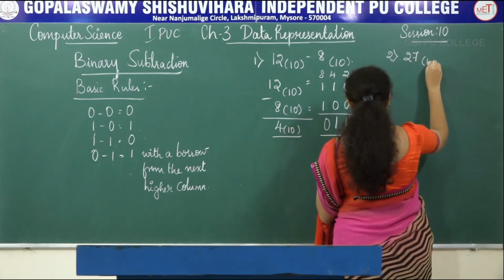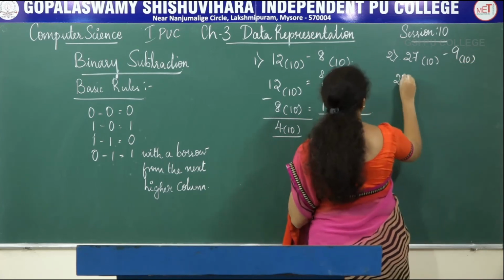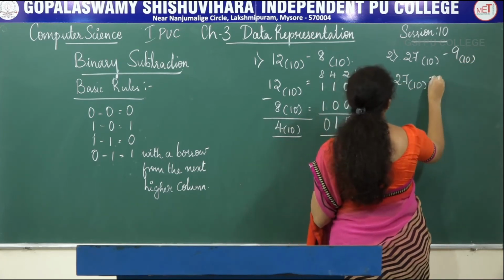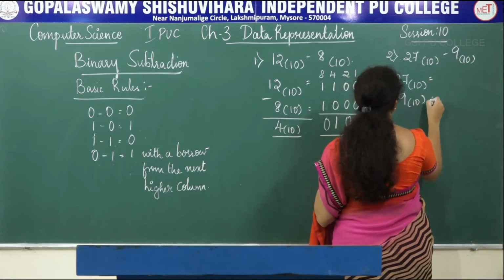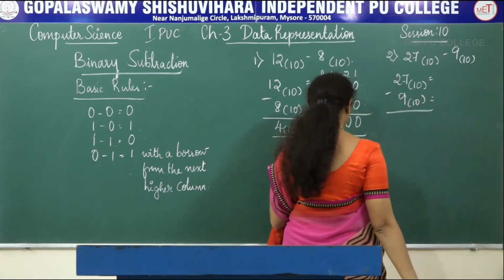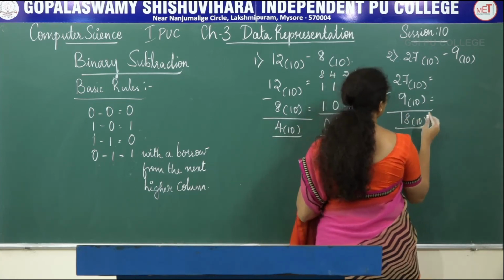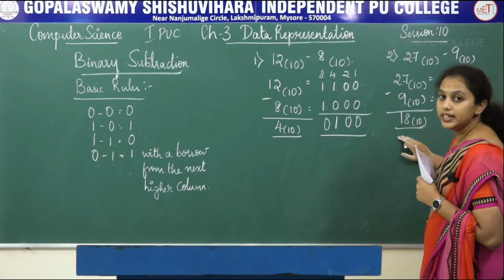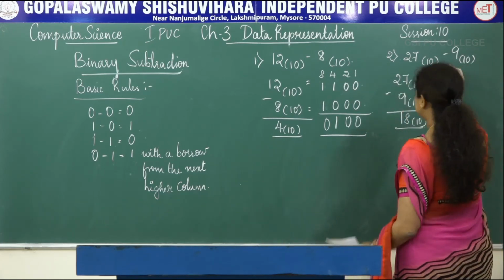27 minus 9. How to represent 27 in binary form? 27 minus 9 is 18. So we have to get 18 as our answer. So how to represent 27?